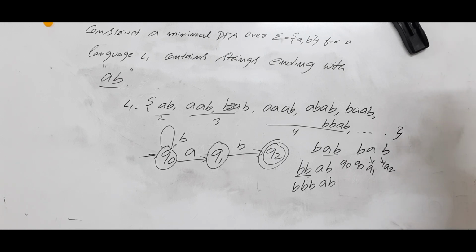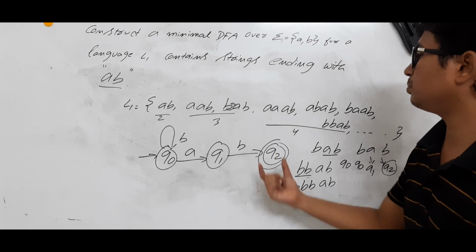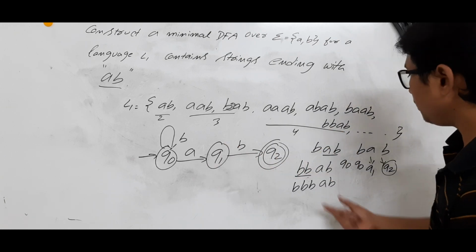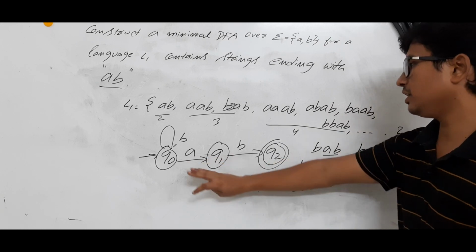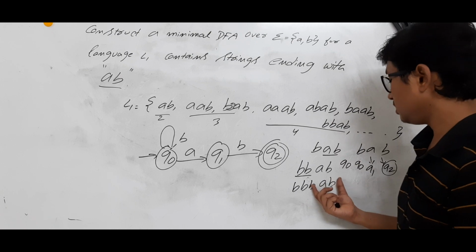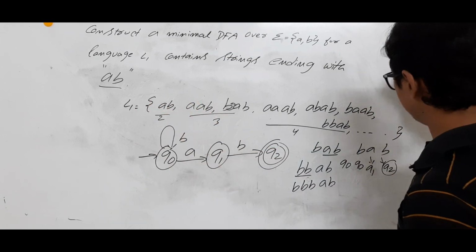Is Q2 a final state or not? Q2 is a final state. So this one should be accepted and it is accepting. Now if it is 2 B's then AB, still it will be accepted. 3 B's then AB, it will be accepted. These strings belong to this language L1. So it is correct till now.